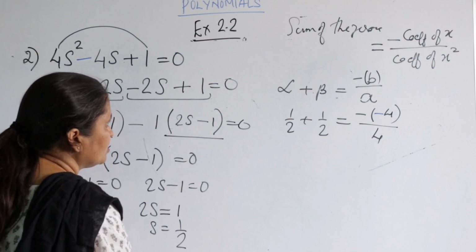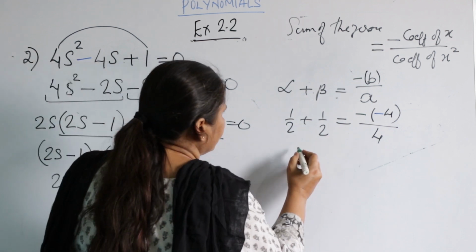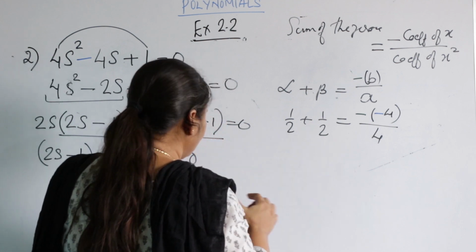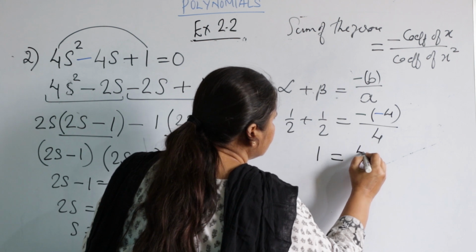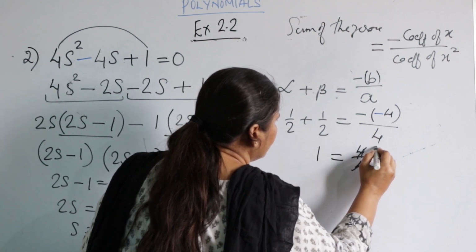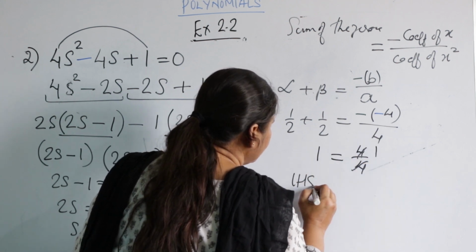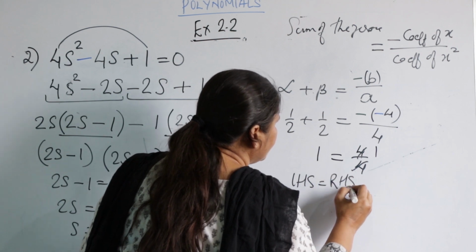Okay, so this is how we get. This is half plus half is nothing but 1, and here this is 4 by 4, 1. So LHS is equal to RHS.